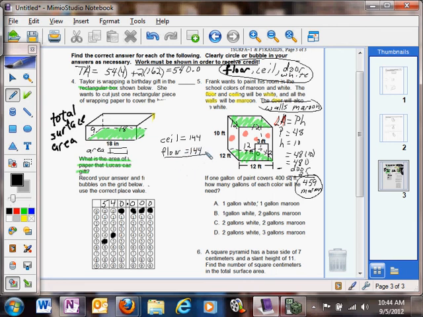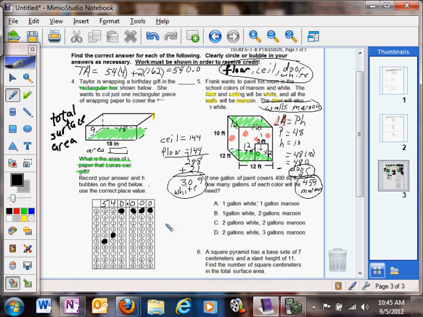And if I add those two together, I get 288. But now I also have the door. And the door we already figured over here was 21, so I need to add that to it. I did add by hand, but I do suggest you do all your calculations with a calculator. So this is going to be my white paint.